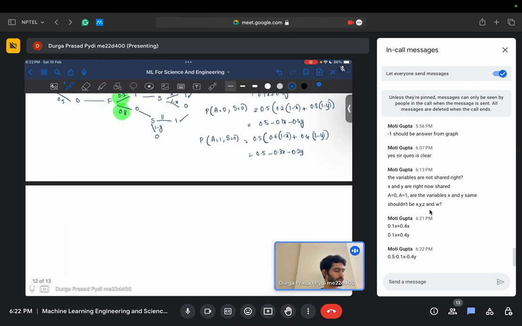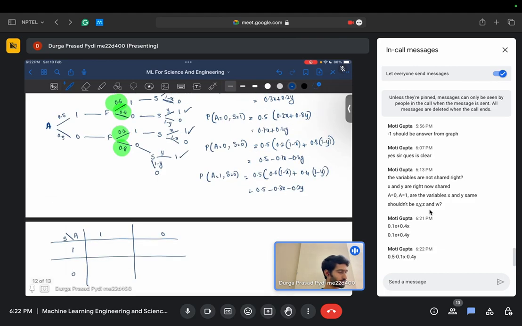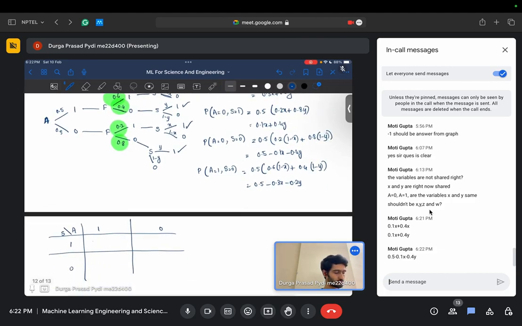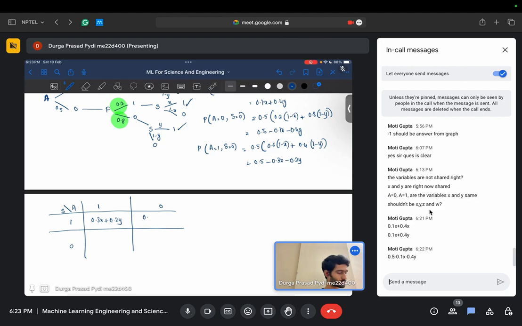So if I just put that in the table, we have both being 1 is 0.3x plus 0.2y. S equal to 1 and A equal to 0 is 0.1x plus 0.4y.